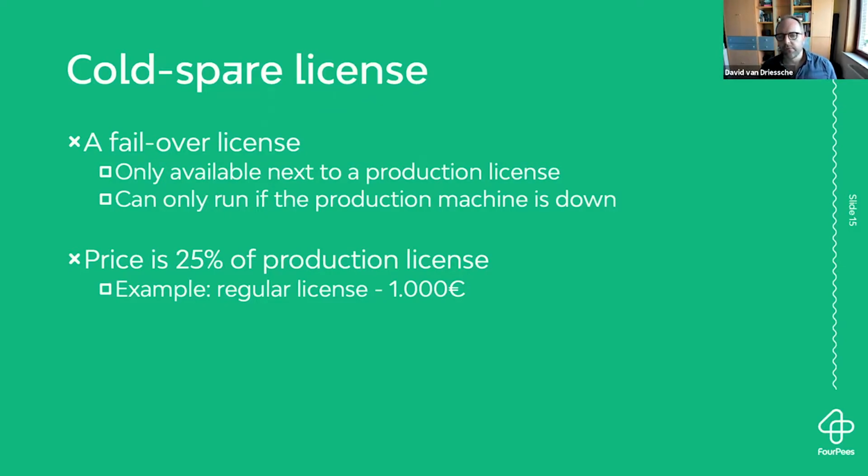If that machine starts a fire, explodes, then you want to be able to switch quickly to something else. Well, that could be that failover license. But the license agreement says that it can only process files if the production machine is down. And so you're not using the normal license to run production. Yeah, that's why it's called cold spare, right?